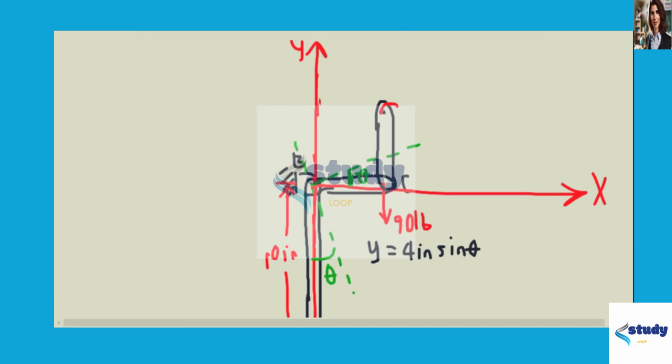Okay. Now we've got another bar. Goes like this over to point E, which is constrained to rotate.